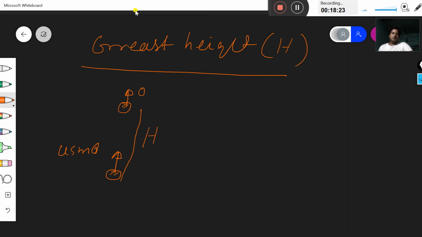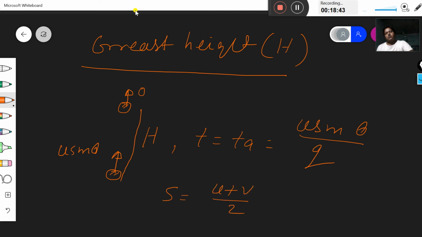Retardation is g, and time taken is time of ascent, that is u sin theta over g. We have a formula for displacement, u plus v by 2 into t.